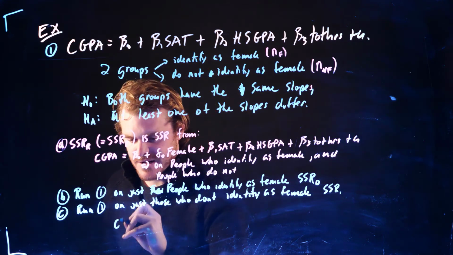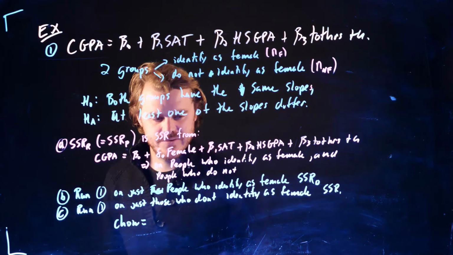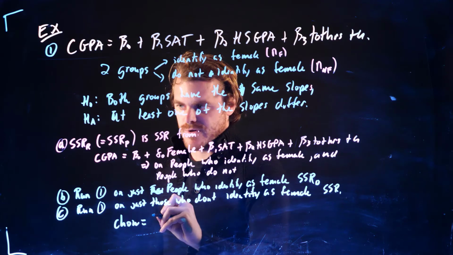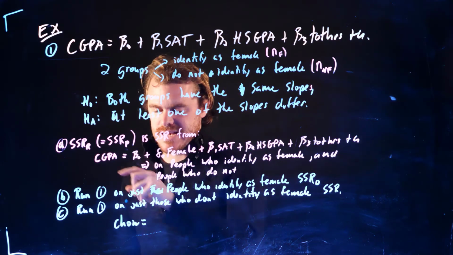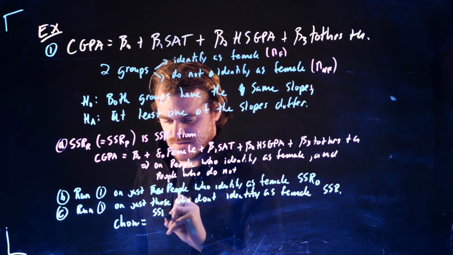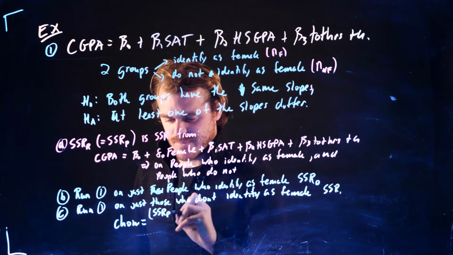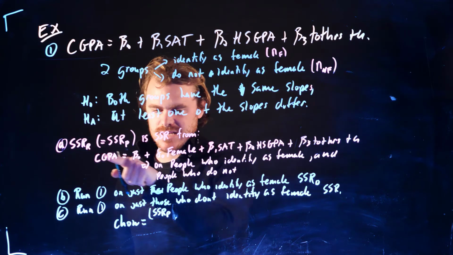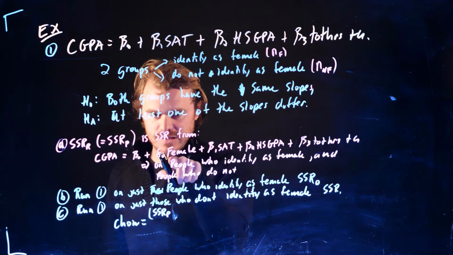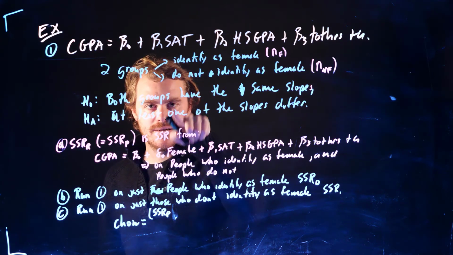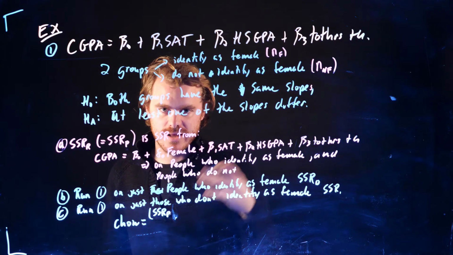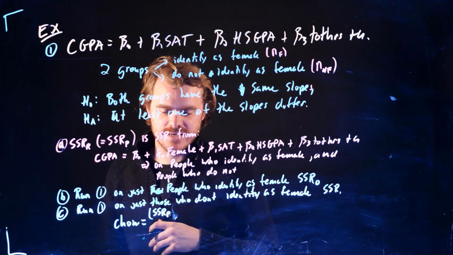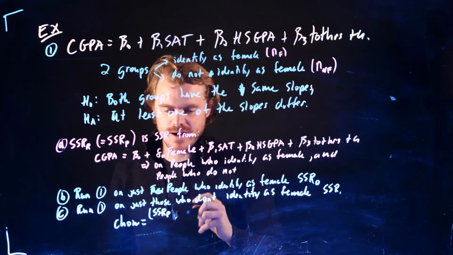Hopefully I can fit it in, but now the Chow test is going to be, remember, SSR restricted or the SSR pooled. I'll put a P there to be consistent with your book. So it's the SSR from this regression. Again, we're allowing the intercept to be different, so it's a little bit different than last time. I just want to show you both ways the Chow test is commonly run.